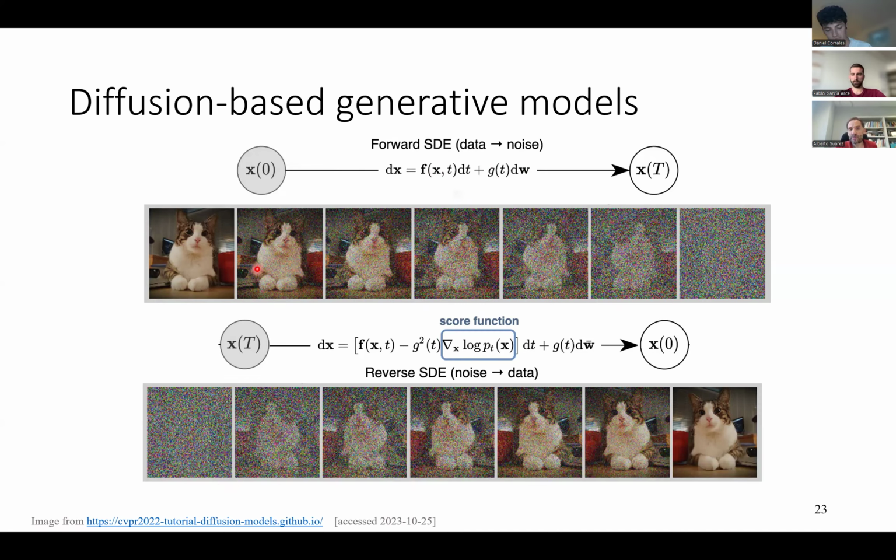Only now this process is in continuous time. Okay, and the backwards process that goes from noise to the original cat also complicates the term corresponding to the drift in this stochastic differential equation.